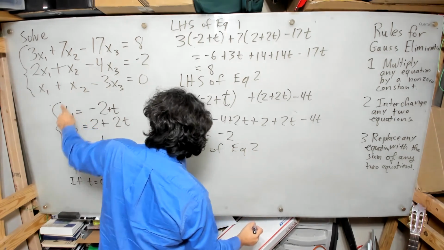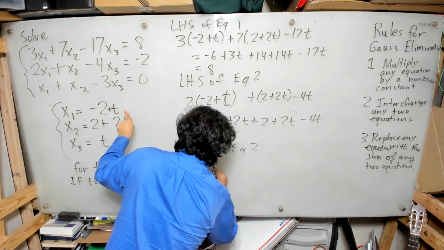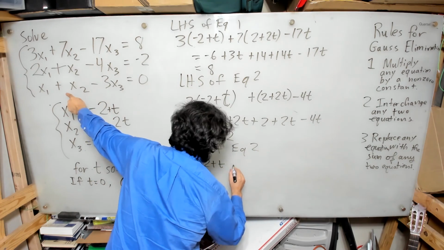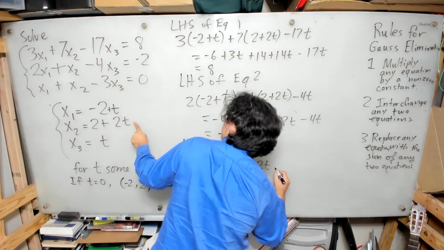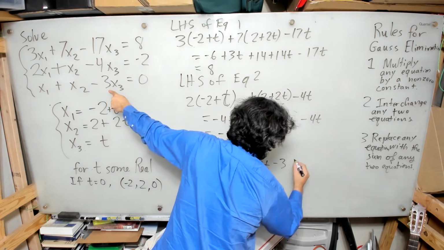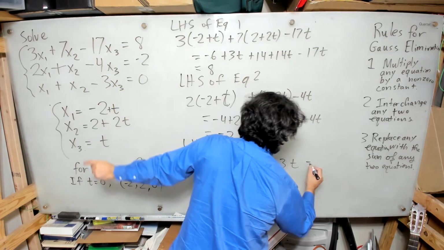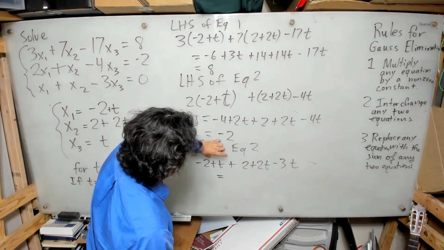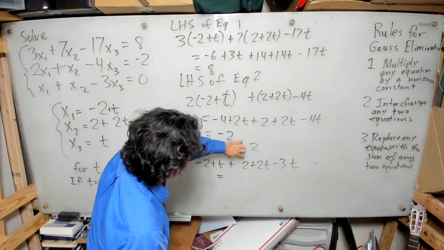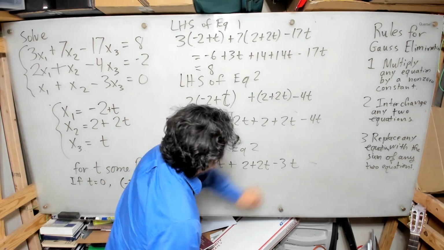Okay, so I'm going to plug in my x1, which is negative 2 plus t, plus 2 plus 2t, minus 3t, because t is my x3, right? And then equals, well, negative 2 plus 2, that's 0. t plus 2t is 3t, minus 3t is 0.